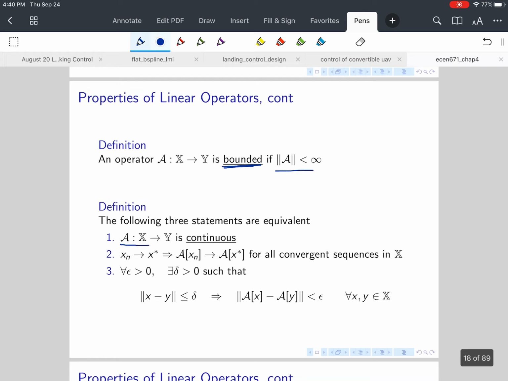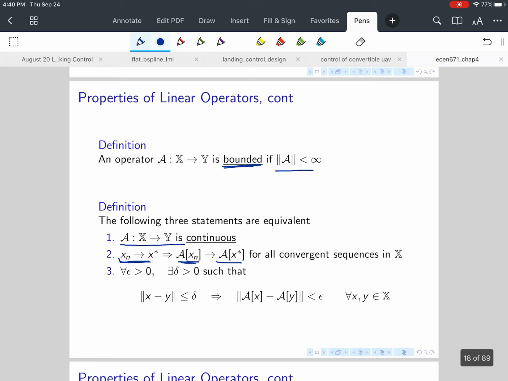We say that an operator A is continuous if you have some sequence xn that converges to x star, that implies that when A operates on that sequence, we get this new sequence in Y space, A operating on xn, that converges to Ax star, for all convergent sequences in X. So for every xn that goes to x star, we have that Axn goes to Ax star.